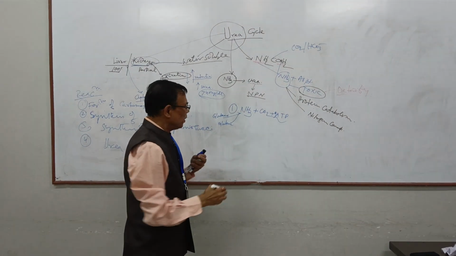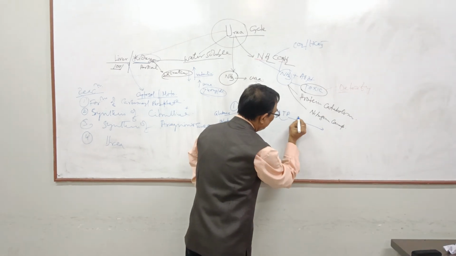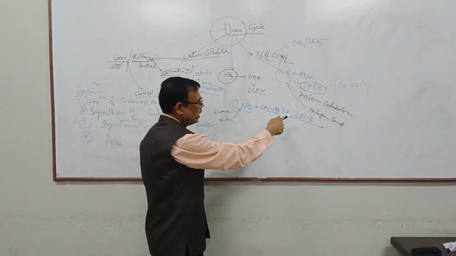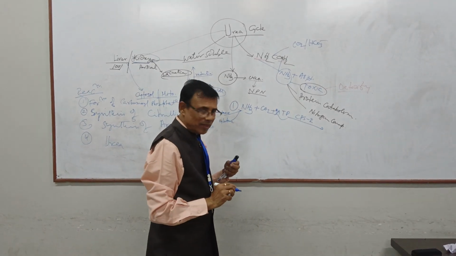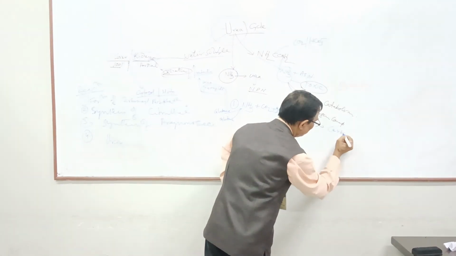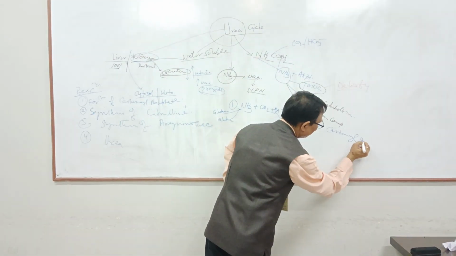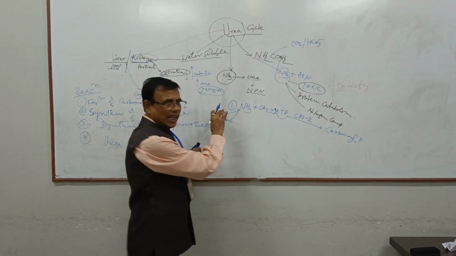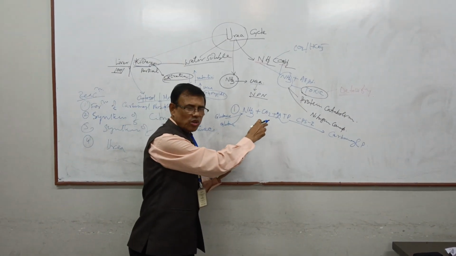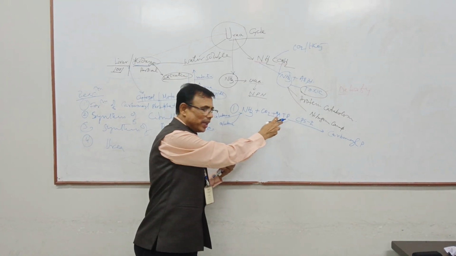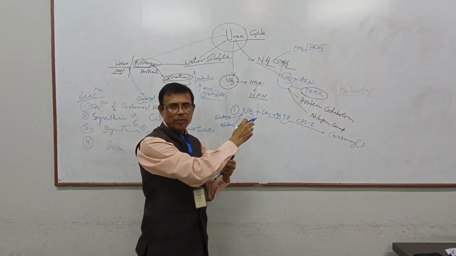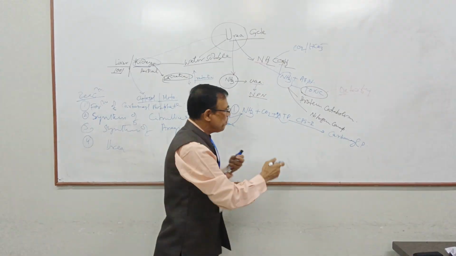Then, in the presence of CPS 1, carbamoyl phosphate synthetase 1, the product is carbamoyl phosphate. Is it clear? Again, the first step: ammonia plus carbon dioxide, by expenditure of 2 molecules of ATP, in the presence of carbamoyl phosphate synthetase 1 enzyme, gives carbamoyl phosphate.